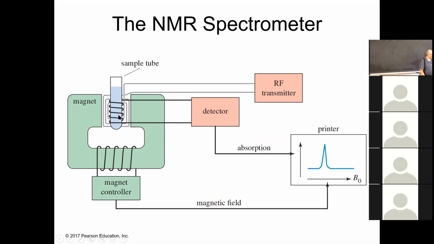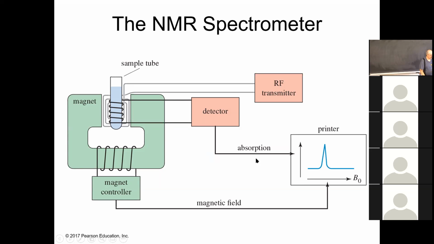So it's placed in a magnetic field. There are some variations in how the magnet is generated. The NMR instrument that we have has a permanent magnet. There's an RF transmitter, which supplies the radio frequency signal.